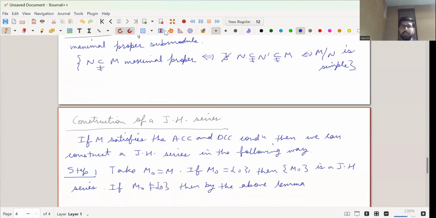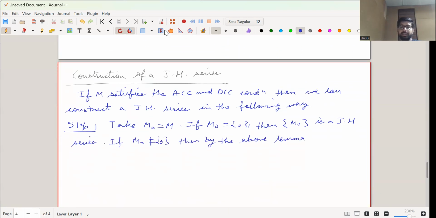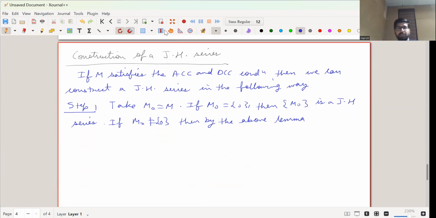So it's not equal to 0, so we can get something between 0 and M naught. If it is 0, then the maximal submodule is 0 itself, so the above lemma won't help much. But here M naught is not equal to 0, so there would certainly be something between M naught and 0 by the above lemma.